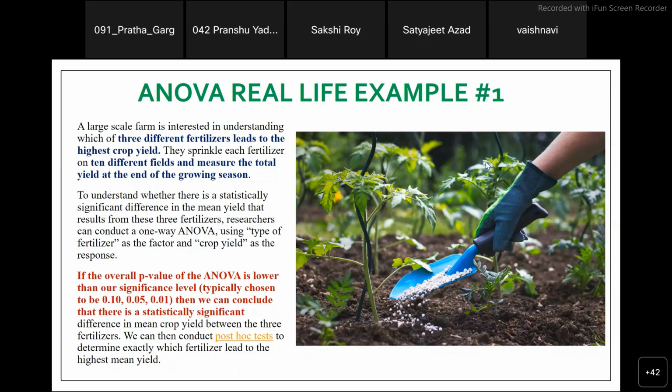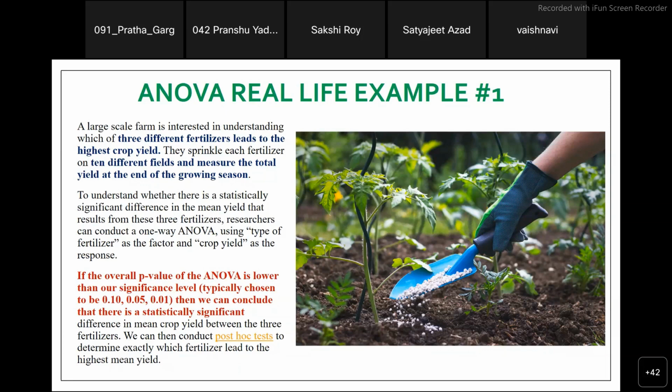Ten different fields, a categorical one, and 3 different fertilizers, and crop yield is your response variable. Got it? So this is a two-way ANOVA case, because there are two factors and their effect on crop yield. Okay, fine, your answer was right. This is a typical case of two-way ANOVA.